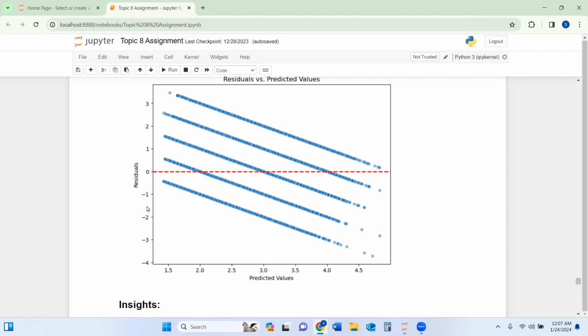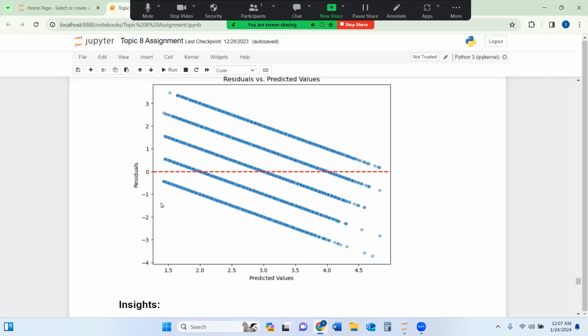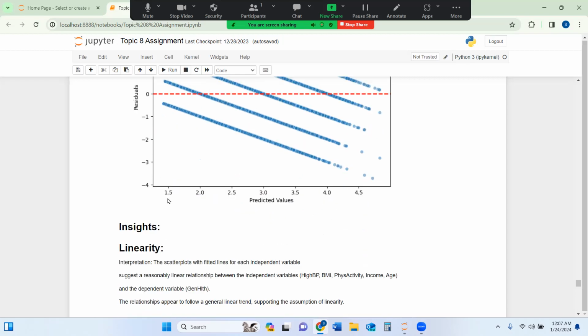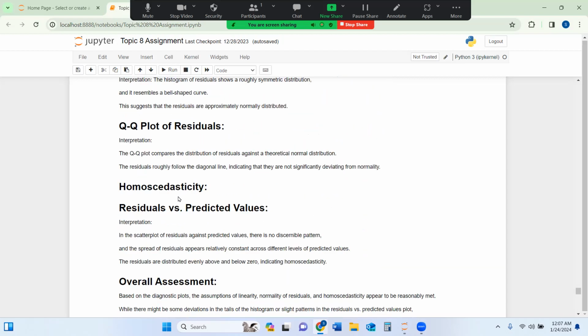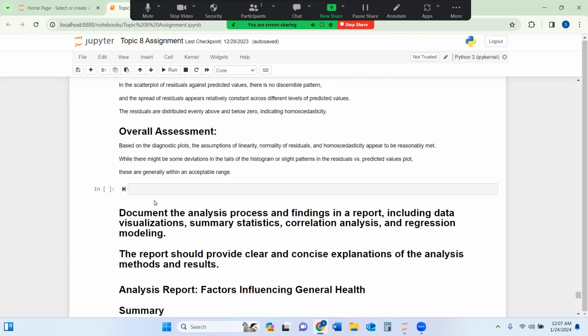The residuals are evenly distributed above and below the zero line, indicating homoscedasticity. And generally, for all these plots, the assumption of linearity, normality of residuals, and homoscedasticity appear to be reasonably met.